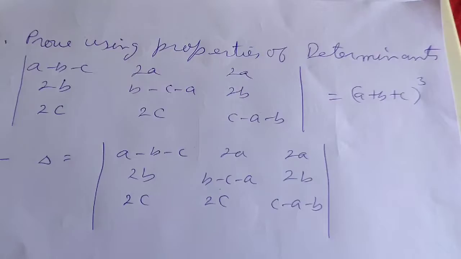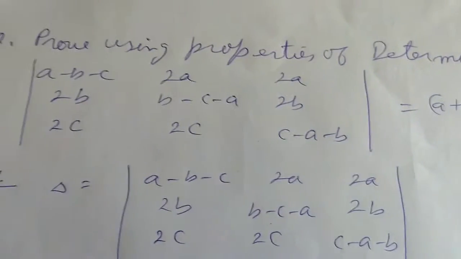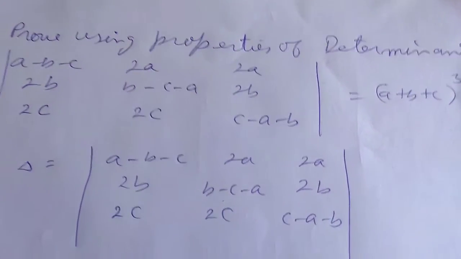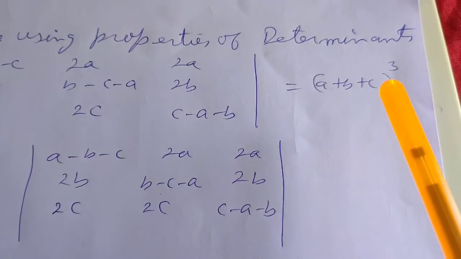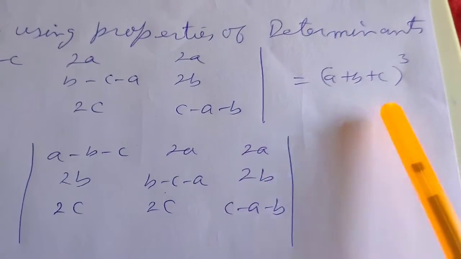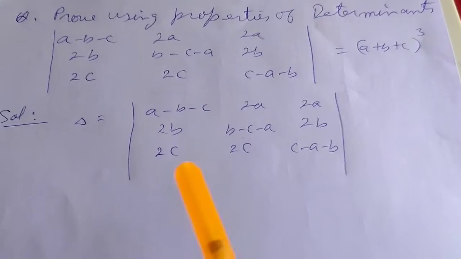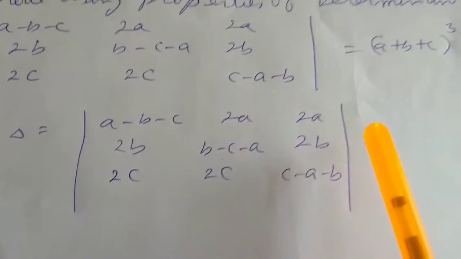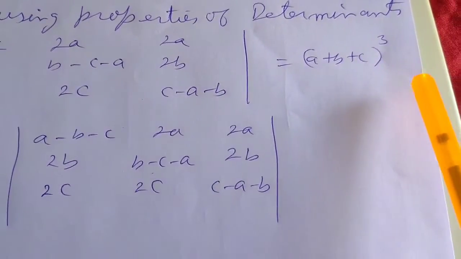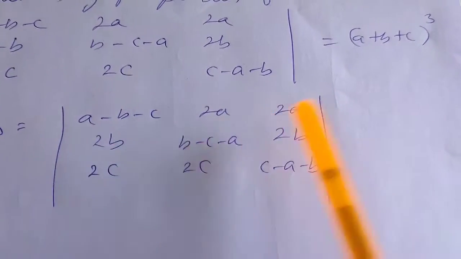Now whenever you have to prove something about a determinant, you must always see the right hand side. In the right hand side, we have a plus b plus c whole cube. Is there any operation on determinants by which we can get a plus b plus c? Observe very carefully.